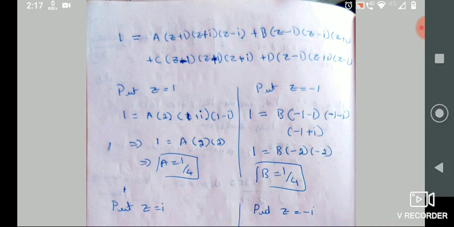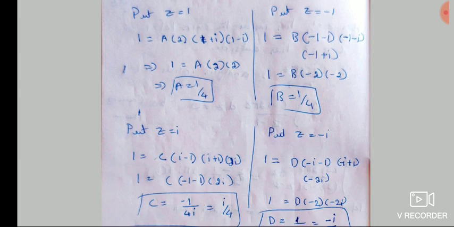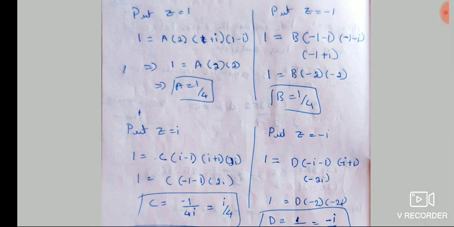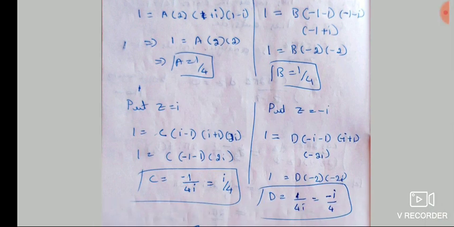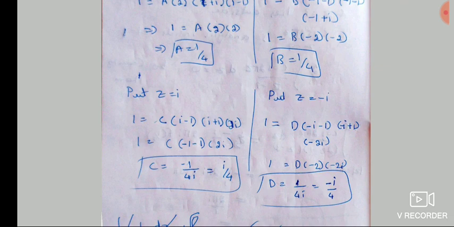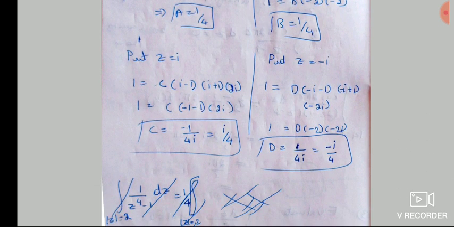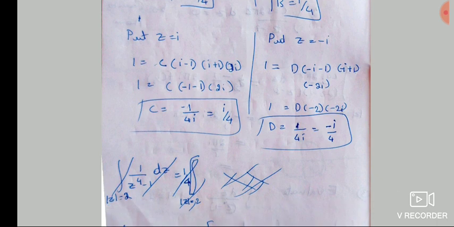Put z is equal to minus 1 and substitute in this equation. These are simple. You have to know how to do partial fractions. These are just simplifications. We go on putting z is equal to 1, z is equal to minus 1, z is equal to i, z is equal to minus i to find all these answers.